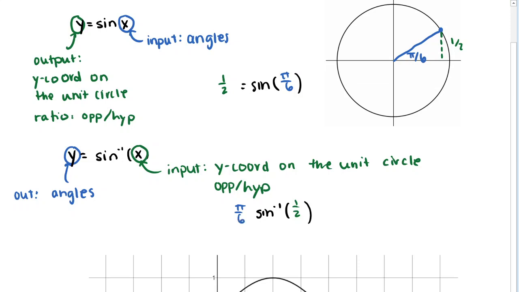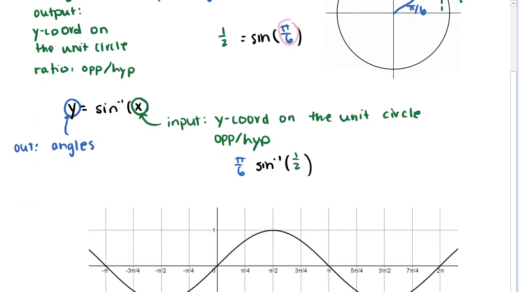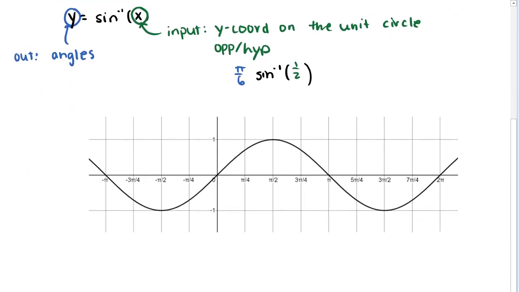Right, but the problem actually is that this isn't the only input that leads to an output of 1/2. So just like our f of x is equal to x squared function did not pass the horizontal line test, our sine function actually doesn't pass the horizontal line test as well.